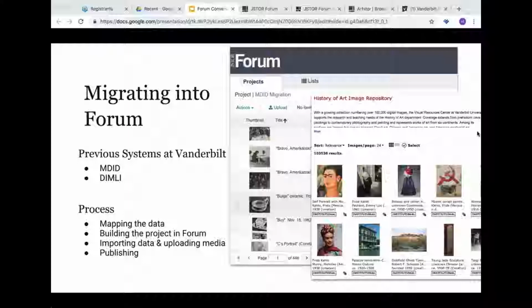There was an issue with the way that we were exporting records from DIMLY back into MDID historically, where, and no one had noticed this for years, the style period field was being overwritten with a duplicate of the culture field, which is not always easy to differentiate in certain records because often they're the same. It'll be Chinese and we don't know anything more specific about it.